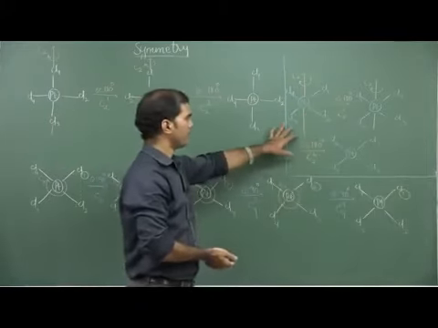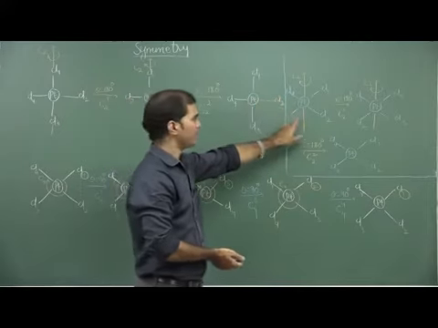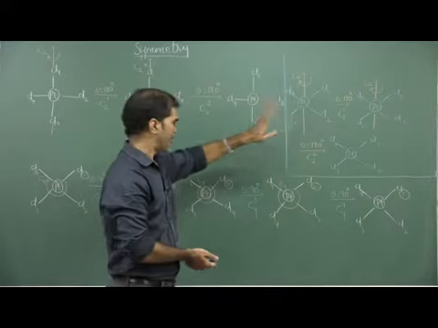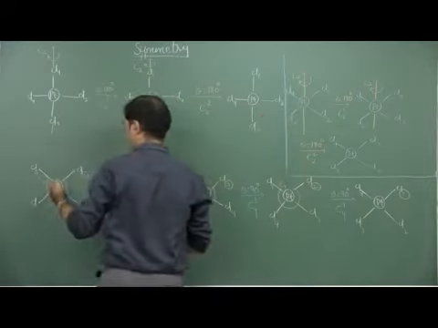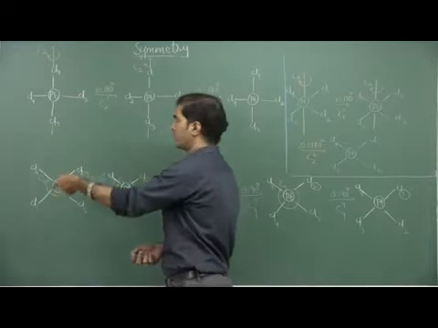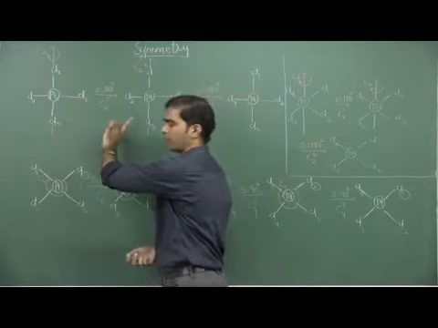So here we can see there is a C2 which is passing only through the platinum, in plane with the molecule. Here is a C4 which is perpendicular to the plane of the molecule. C2s are in plane with the molecule.